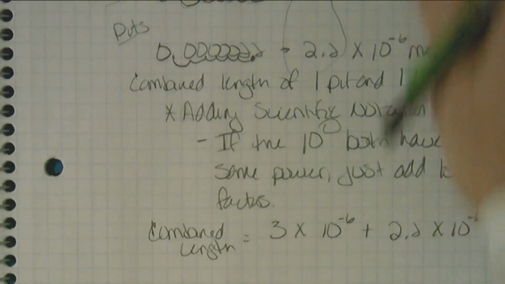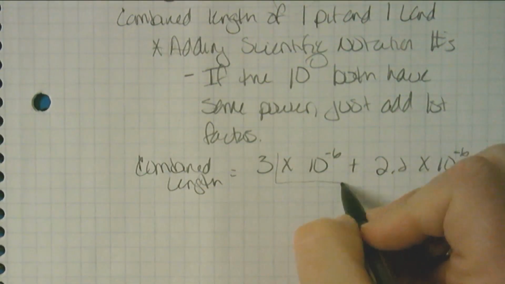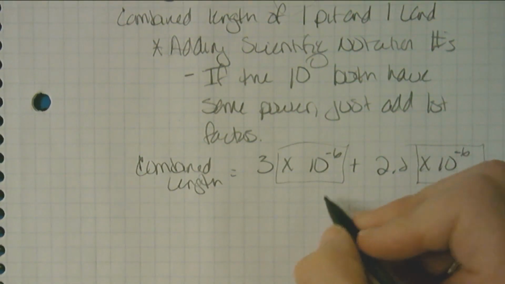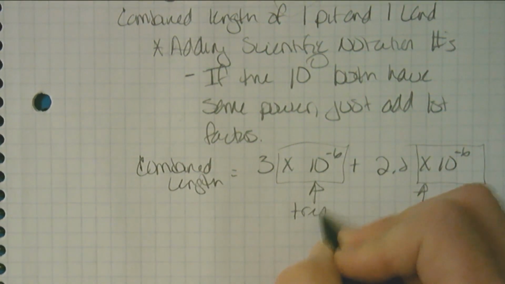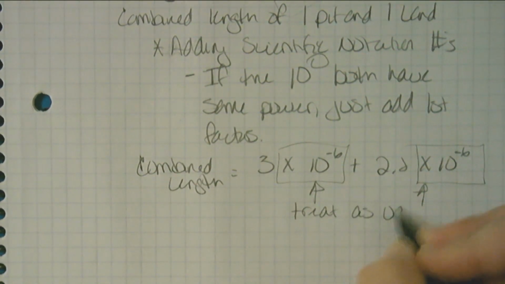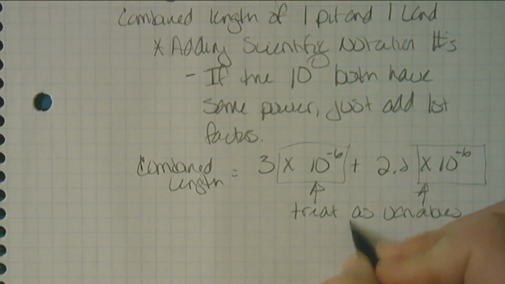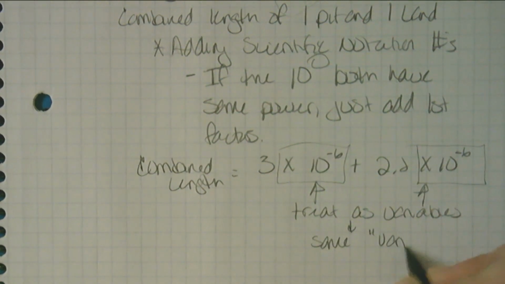So what we can kind of do is treat these times 10 to the negative 6 as our variables. Treat as variables. These are the same, so I'm going to put variables in quotation marks.